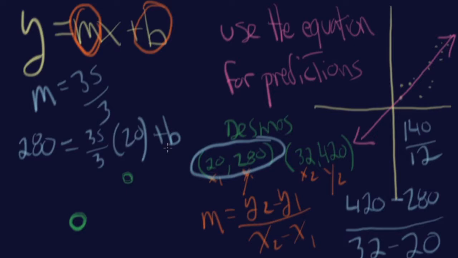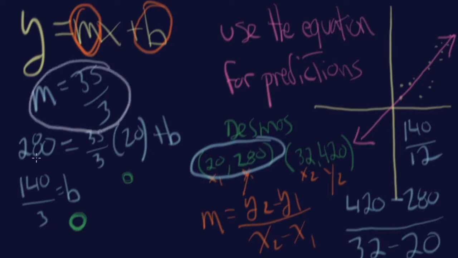Now, as I've alluded to as we've gone through a lot of this stuff, I'm expecting everybody to be able to do this quite nicely. So if I did all that, I would get b is equal to 140 over 3. Great. So now I have my m and I have my b.